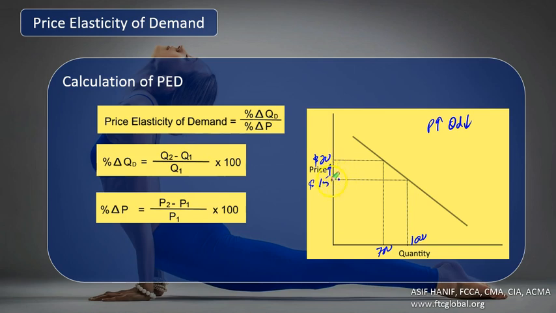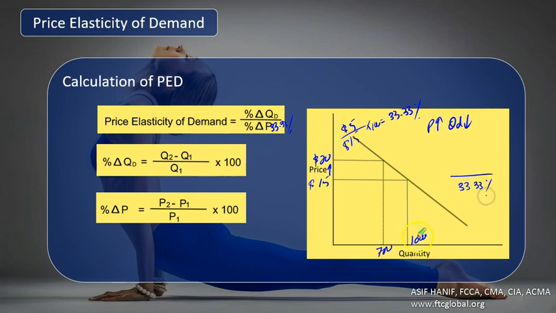So as you can see, price has gone up from 15 to 20. So there has been an increase in price of $5 based upon the original price, into 100, which gives you an increase in price of 33.33%. We can plug this right here. Increase in price is 33.33%, right?